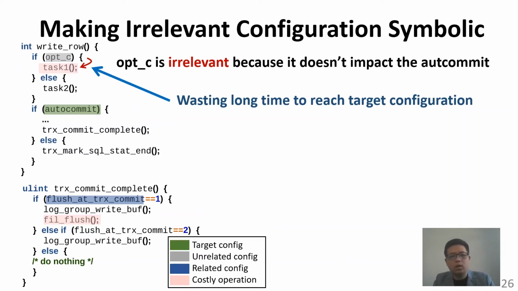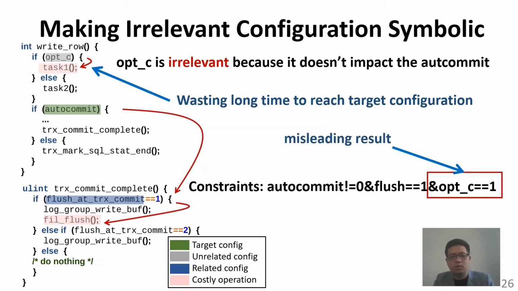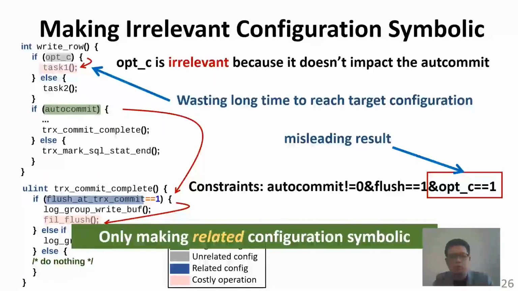It can become a serious issue and cause the system to get stuck at the very beginning. Moreover, even if the system finishes execution, the result would contain a misleading one that OPTC is 1, which should not be a precondition for bad performance. Thus, we need to find the related configurations and only make them symbolic.